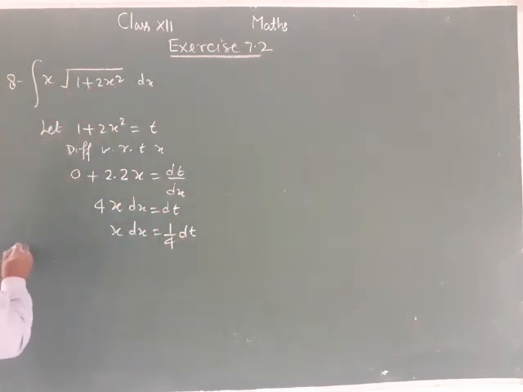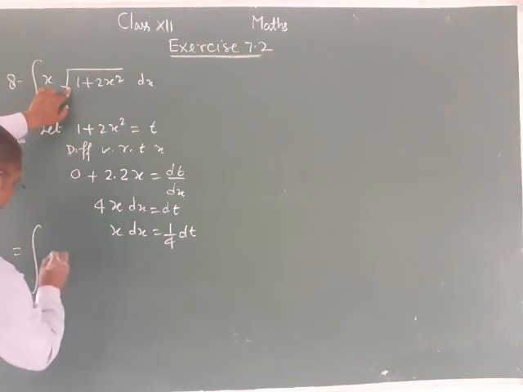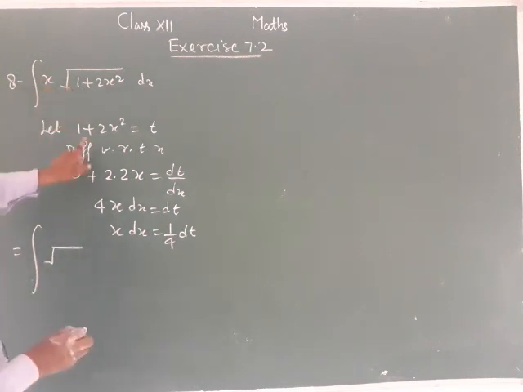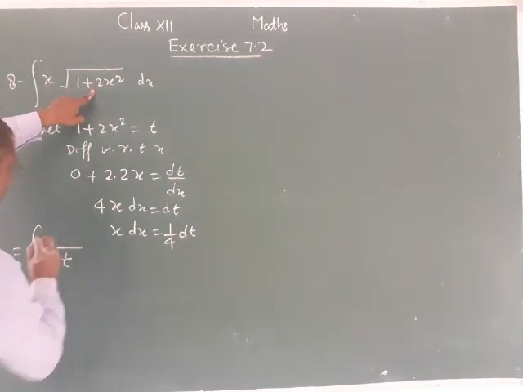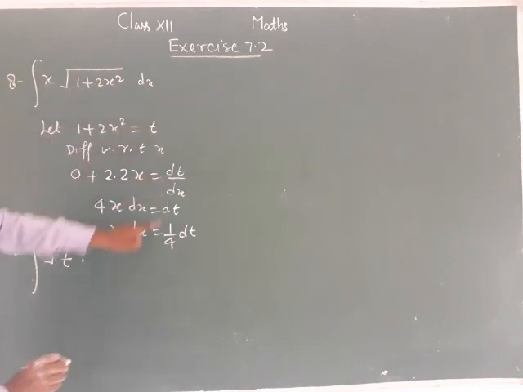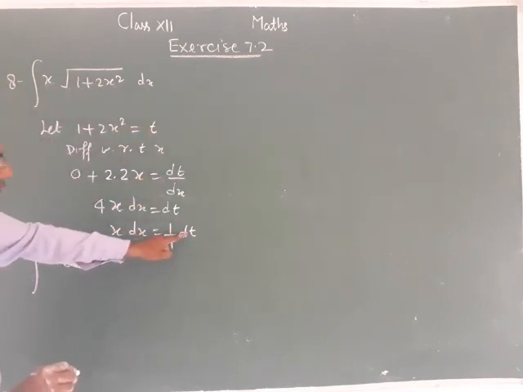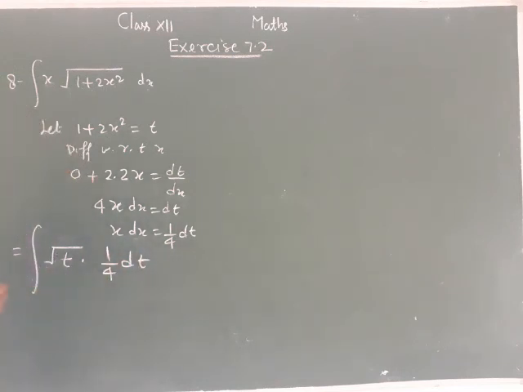Now put it here. So integration of x dx and root of 1 plus 2x square, with t in place, and x dx equal to 1 upon 4 dt.